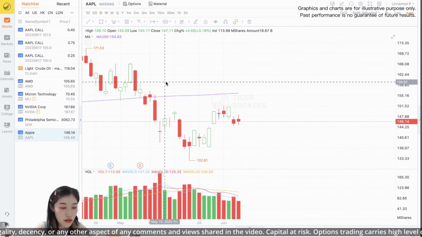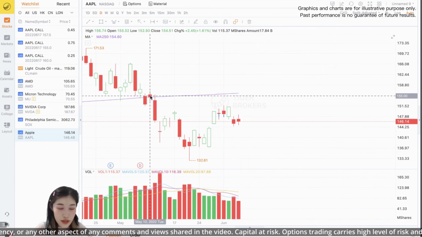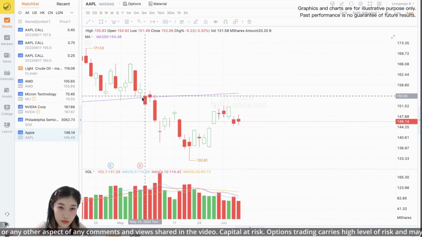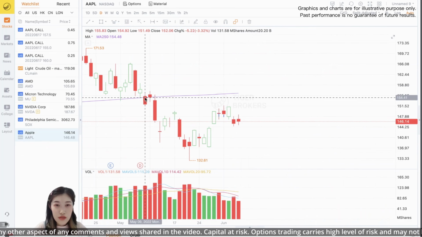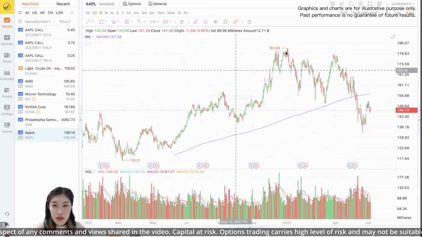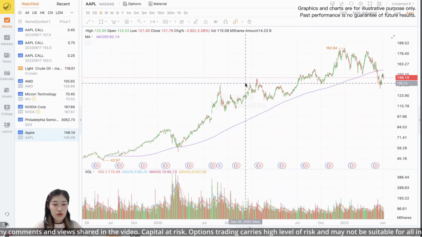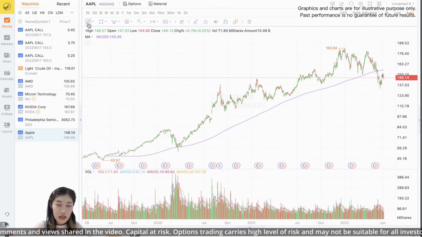As you can see now, Apple has dropped below MA250 on May 9th this year, which is about 3 weeks ago. In addition, during this period of stock price going up, we could draw a bullish trend line.